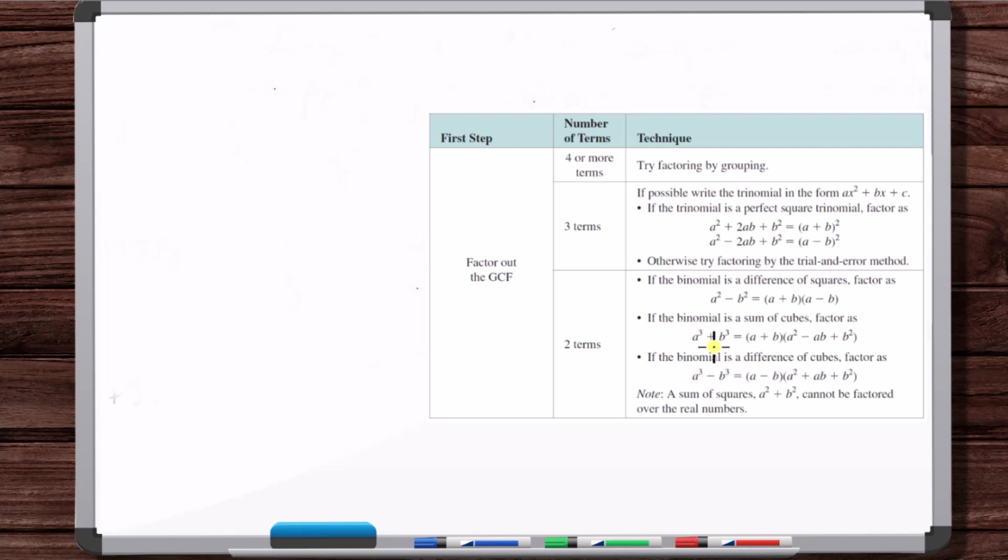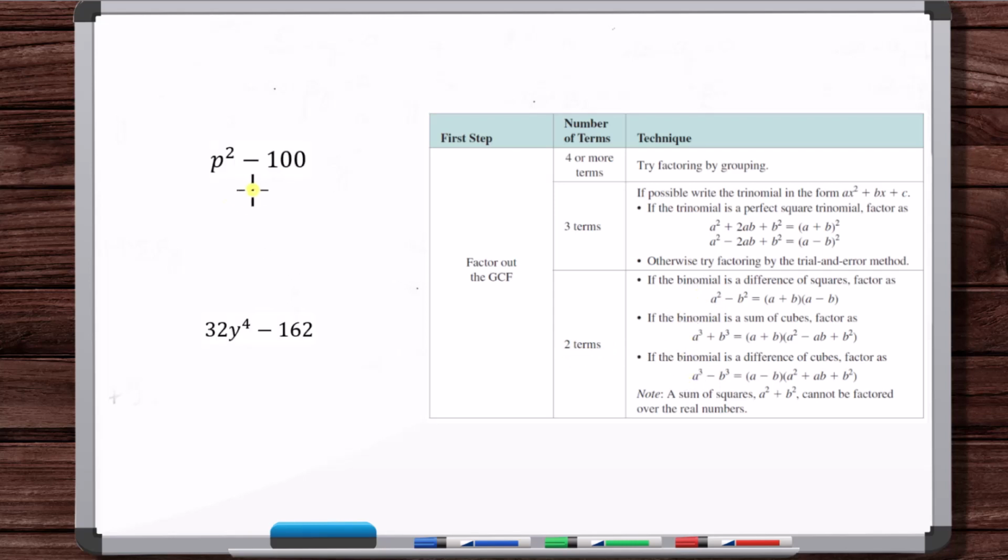And you're going to have to just memorize this formula unless they give it to you, or you can look it up. The sum of cubes, a cubed plus b cubed, is factored like this. A cubed minus b cubed is factored like this. And it's worth noting here that a squared plus b squared, you can't do anything with that. Okay? So remember, if you have two terms, you're going to be using one of these equations to factor it.